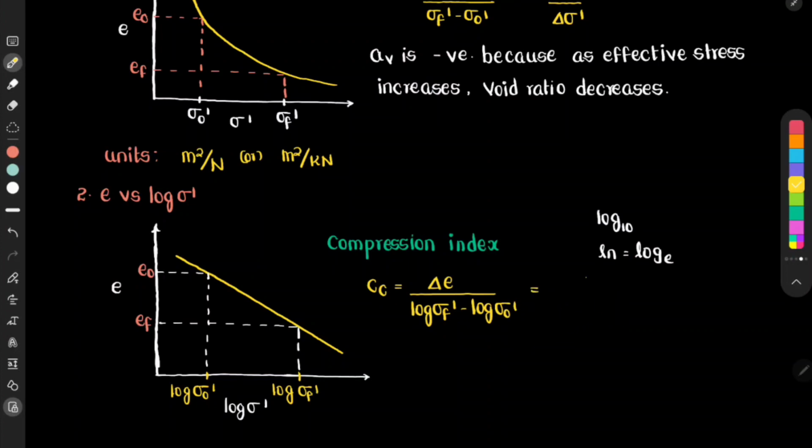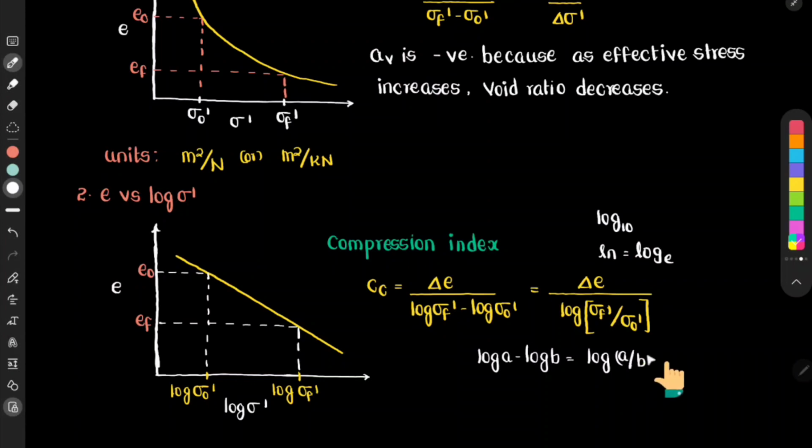which is equal to delta e by, see, when we have log a minus log b, that is equal to log a by b. So that's why log of sigma f dash by sigma naught dash.